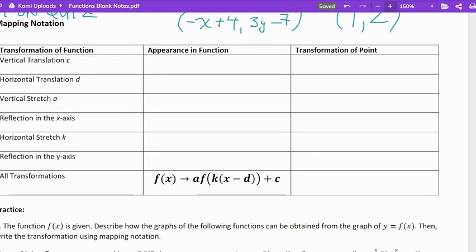Okay. So let's take what you just figured out and put it into a nice little summary table. This is a table of transformations. So when we have a vertical translation, C, that means we're going up or down. How does that appear in the function? Well, in function notation, it would be f of x plus c.